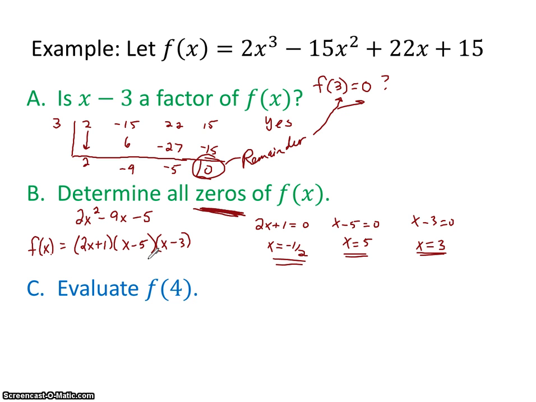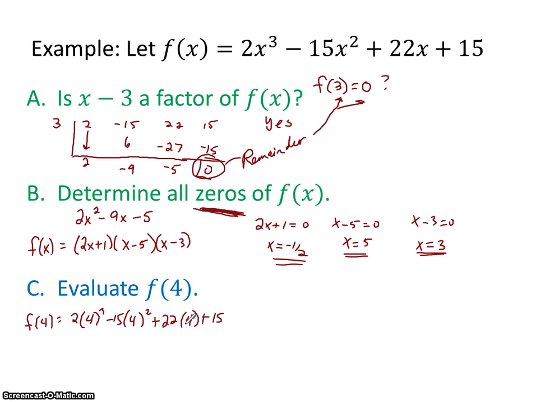Well, you know, sometimes we would want to use the remainder theorem just to kind of simplify our life a little bit. If I wanted just to evaluate f of 4, well, I could plug in 4. So that would be 2 times 4 cubed minus 5 times 4 squared plus 22 times 4 plus 15.